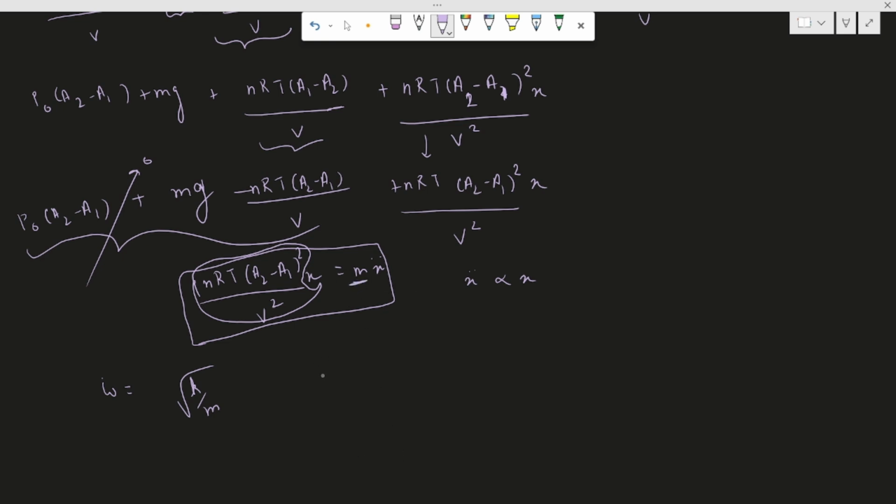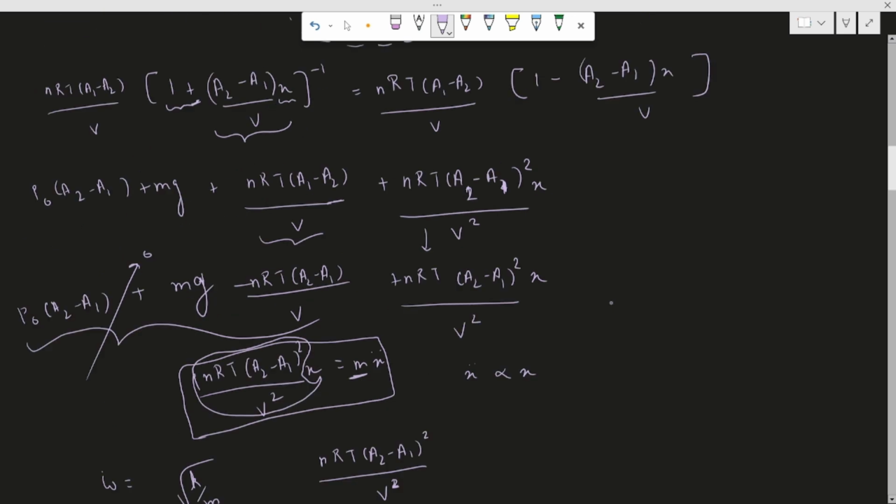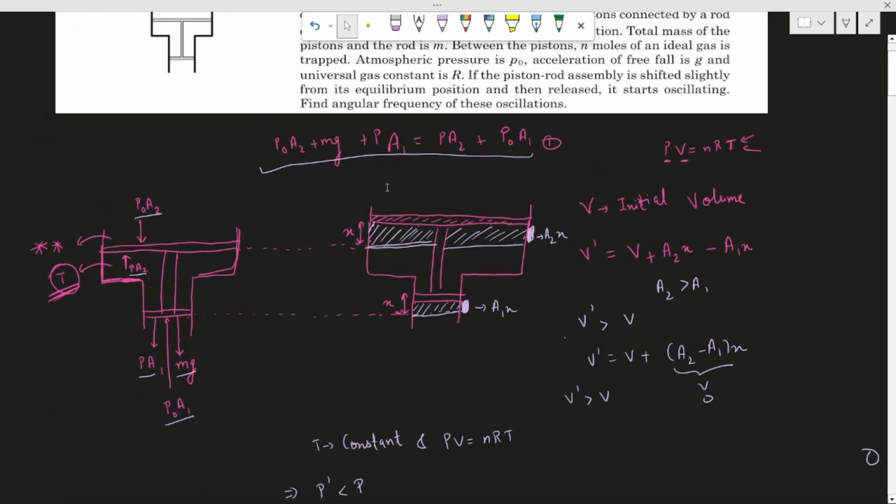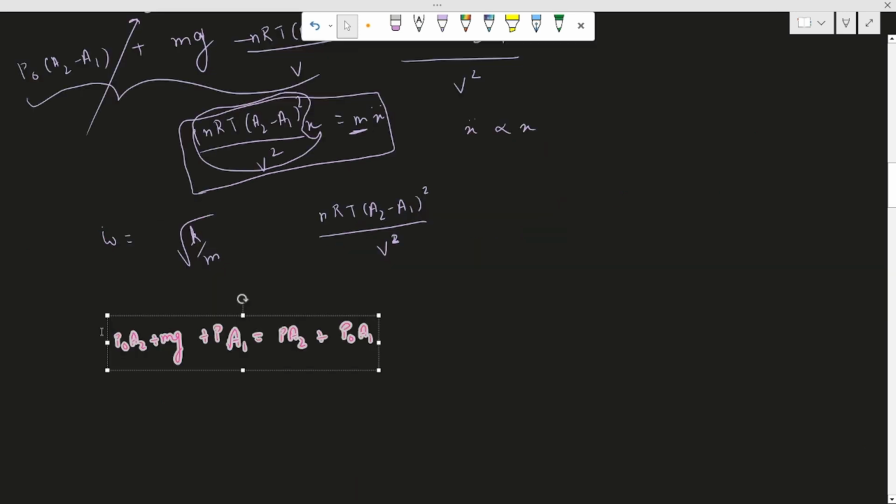But before writing the final answer, we will simplify the k term, which is nRT (A2 minus A1) square by V square. Let's see how we wrote. We will simplify it with the help of our equilibrium condition.